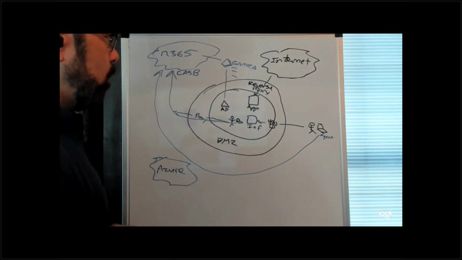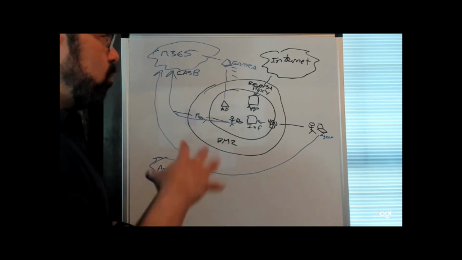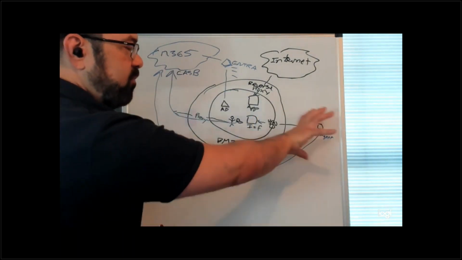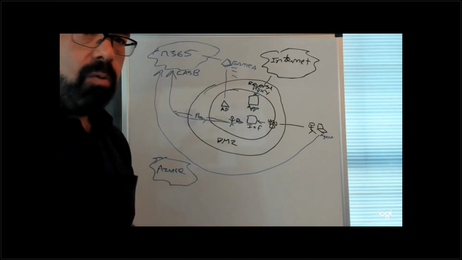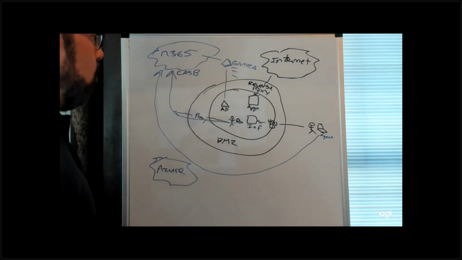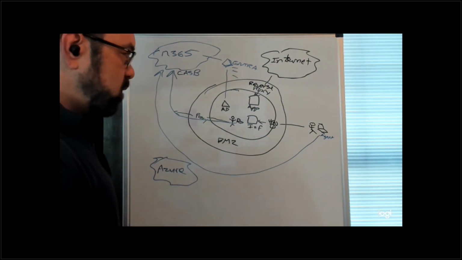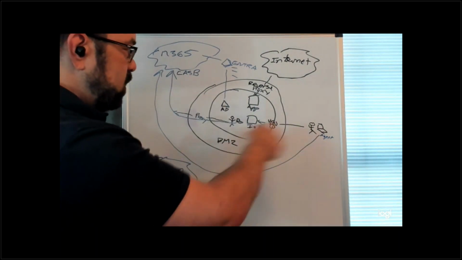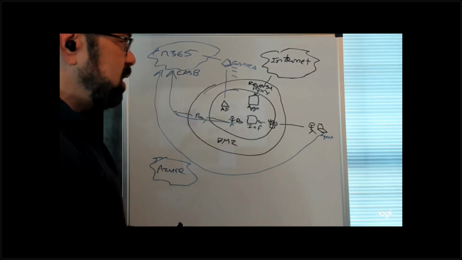So looking at the vast emphasis of remote work that came about with COVID and is still prevalent today, once you've got a whole bunch of remote workers, doing this CASB management can be very difficult.